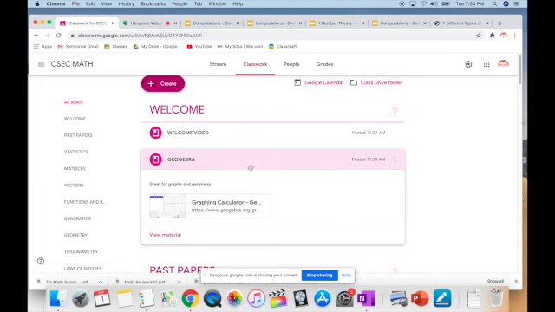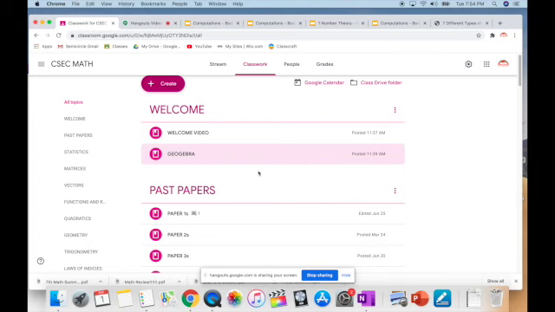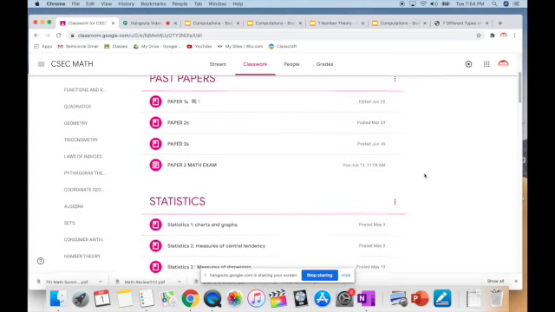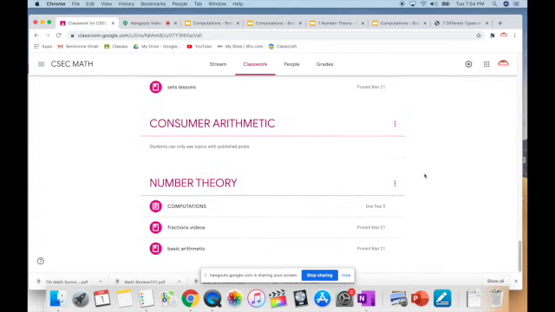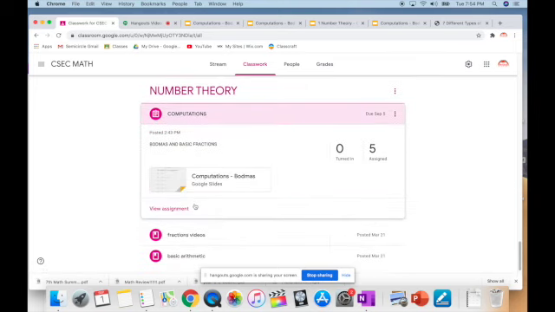Eventually this is going to be full of resources for you to use. But remember, the curriculum starts at the bottom, so we're going all the way to the bottom into number theory. This is your computations assignment. It's due this Saturday, September 5th.